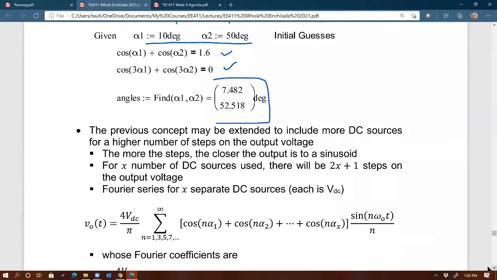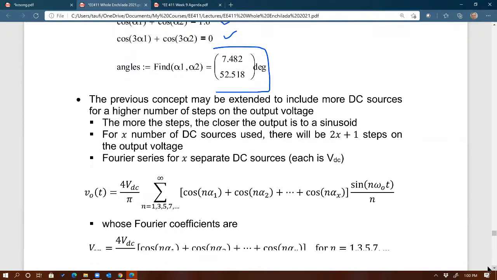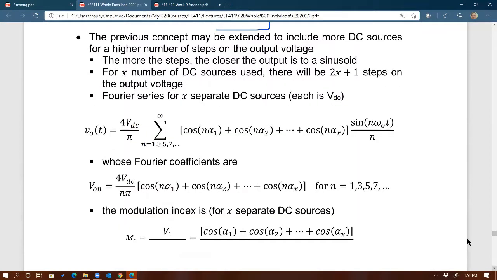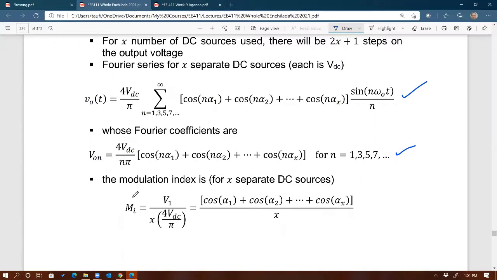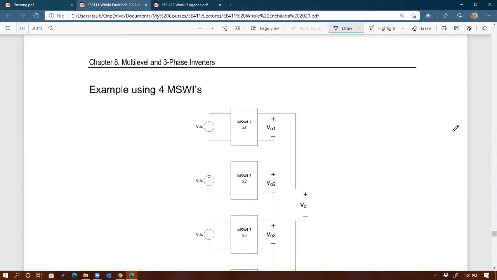And you can definitely extend this from two different DC values to more DC values. And if you do that, then of course the equation becomes even longer. I won't go through this, but it's the same procedure over again. You can do the modulation index, now in terms of many alphas, because you have more levels in the output.